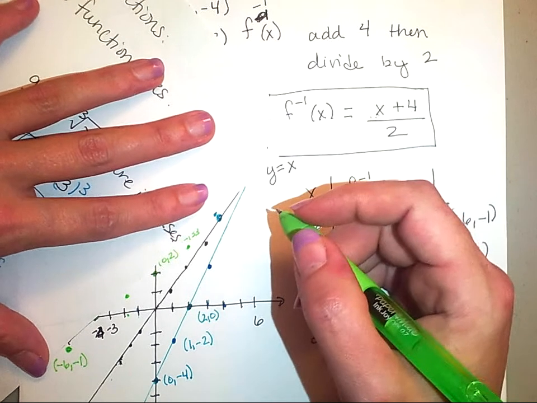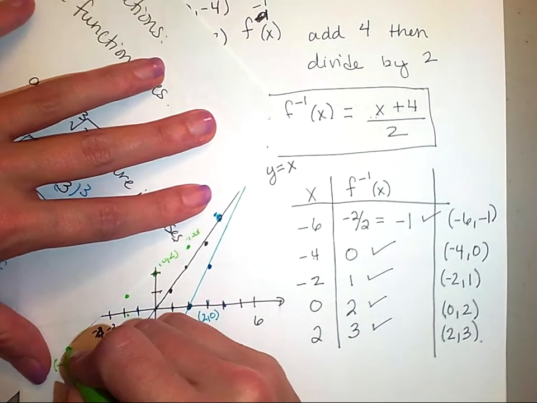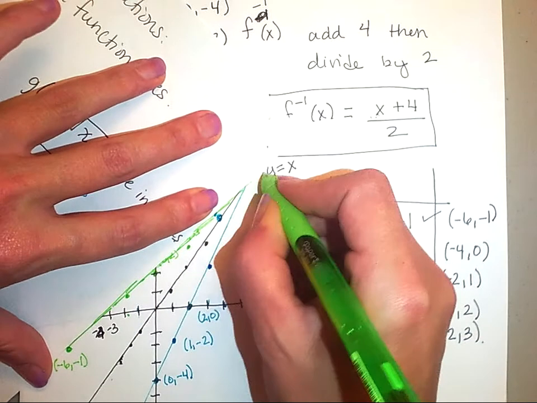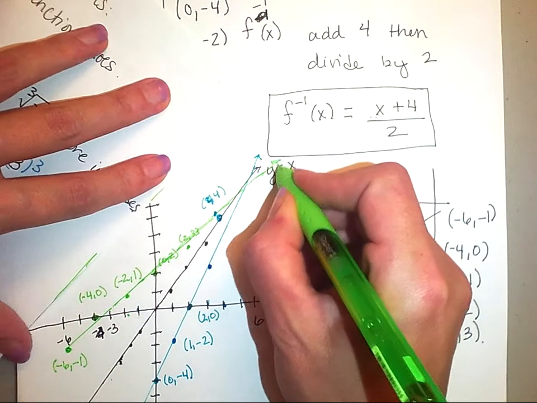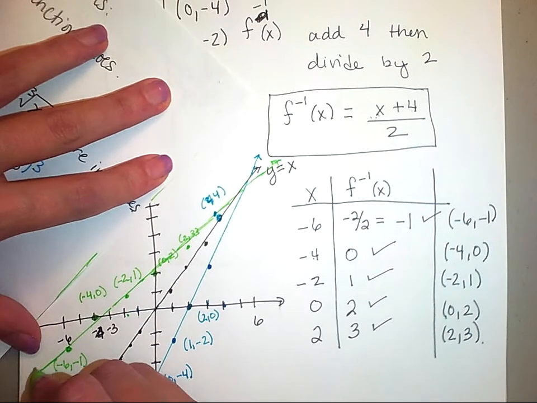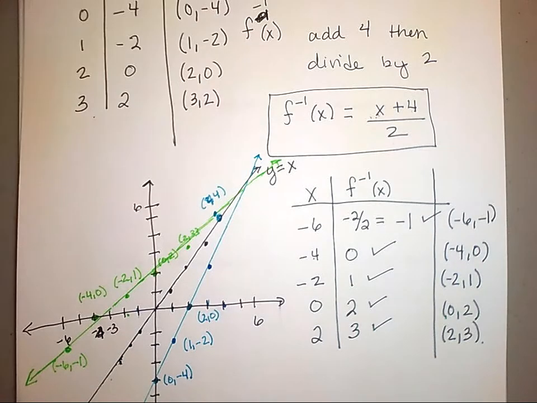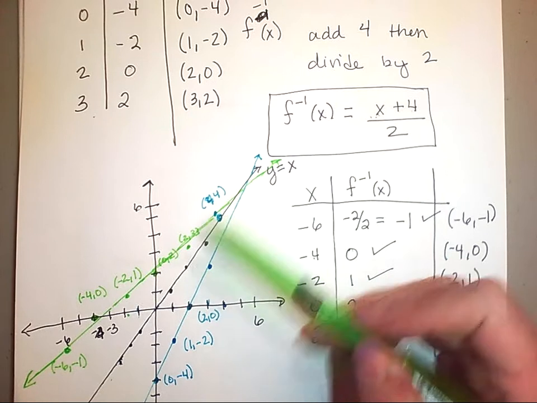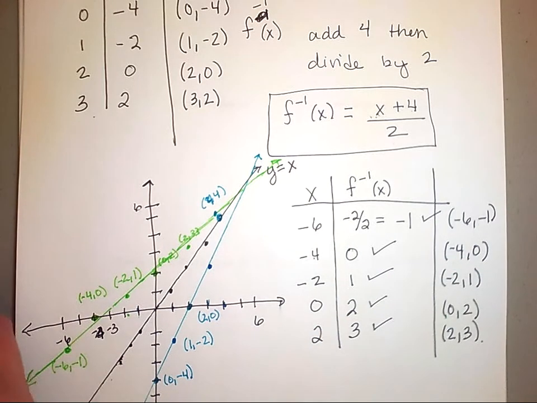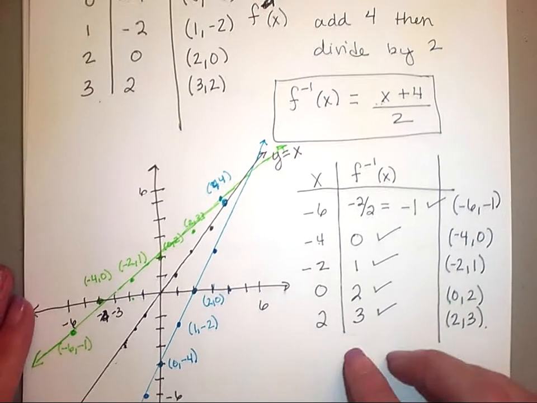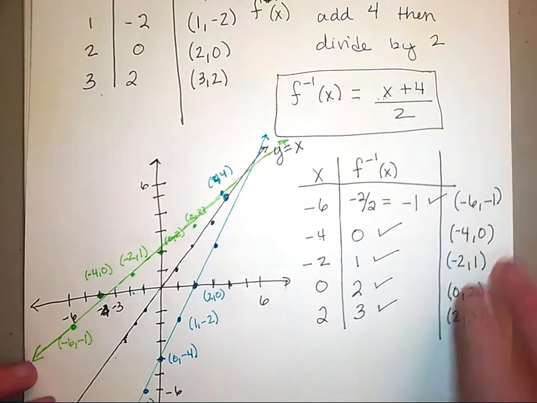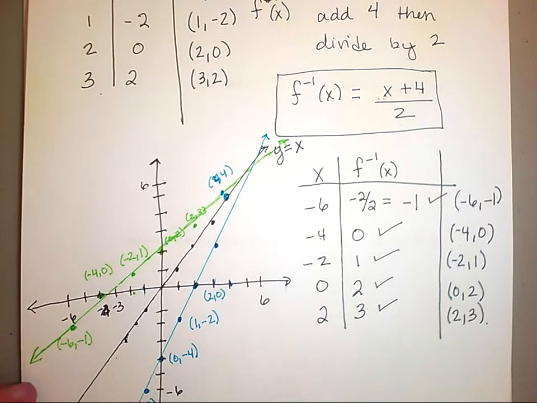Okay, well, that's not so bad. I'm trying to show you a relationship that happens with the line y equals x, because what we're looking at is the pairs that have just been flip-flopped in the inverse.